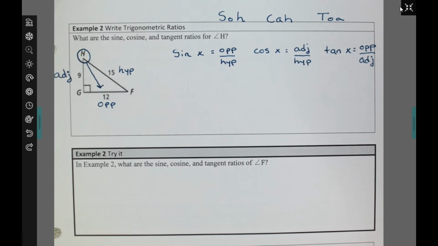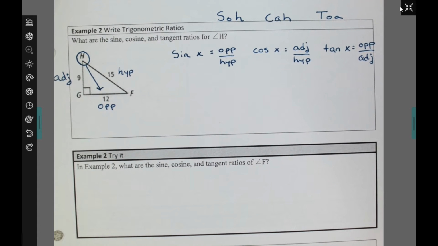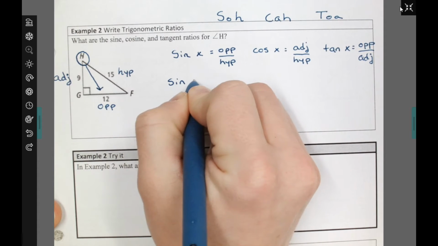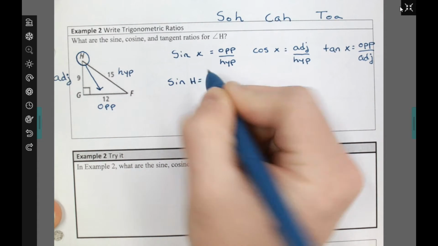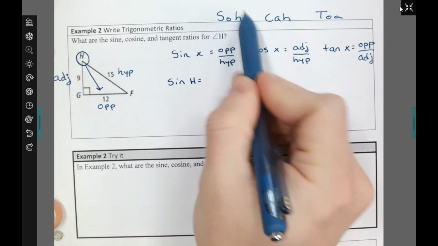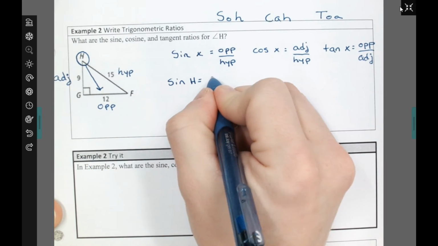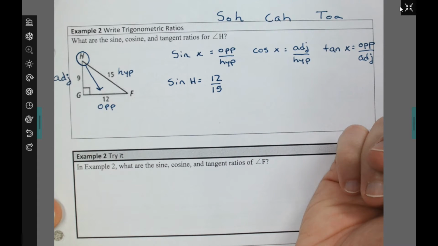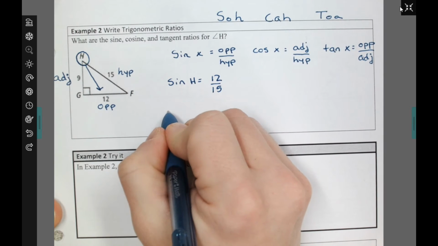So for angle H, I labeled all the sides, and now they want the three ratios: the sine of H, cosine H, tangent H. Sine H is going to equal opposite over hypotenuse because it's the SOH of SOHCAHTOA. I'm going to go 12 over 15, and as always, we should simplify.